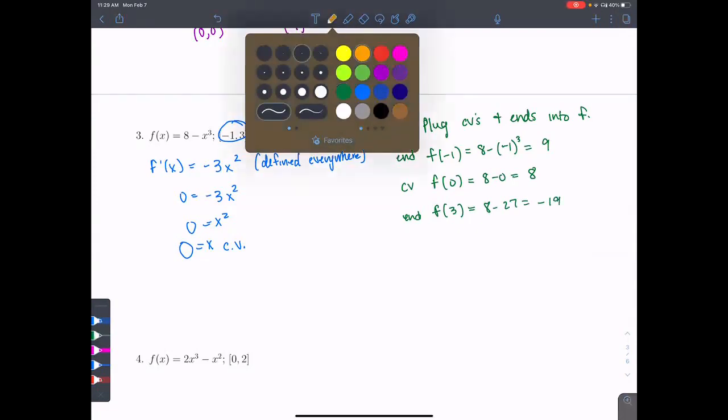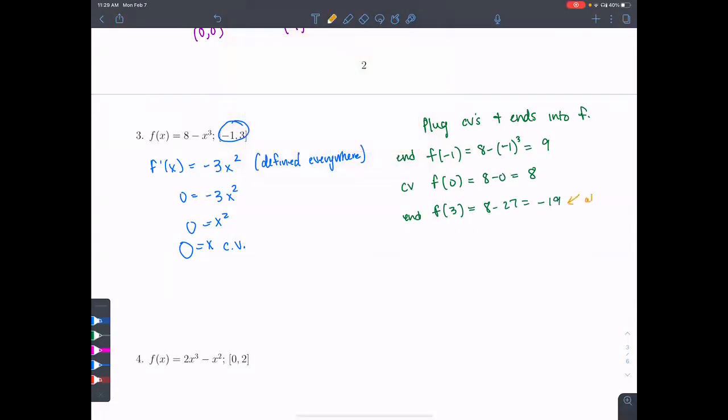So then we have our absolute minimum here and our absolute maximum here. So absolute max at negative 1, 9, and absolute min at 3, negative 19.